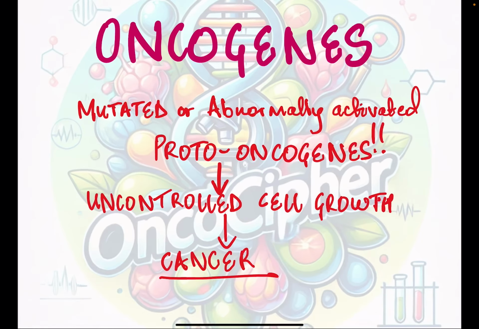Oncogenes are nothing but mutated or abnormally activated proto-oncogenes. This leads to uncontrolled cell growth because these proto-oncogenes, which provide normal cell growth, have now been mutated or abnormally activated, which has led to formation of oncogenes, and there is uncontrolled cell growth leading to cancer.